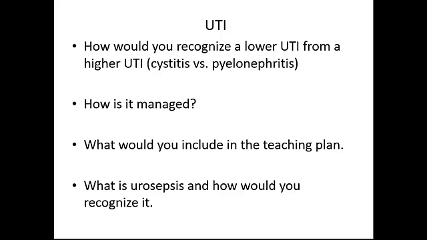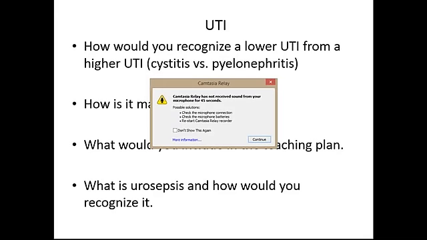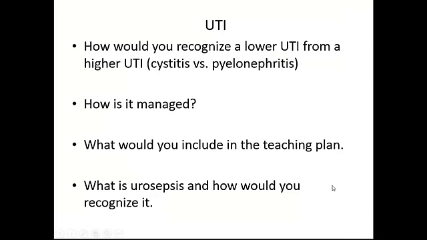So a pyelonephritis is going to have the same symptoms as a lower UTI or cystitis, except that now we're going to have evidence that it has moved up, it has ascended up the urinary tract. So we have a person that will have flank pain.